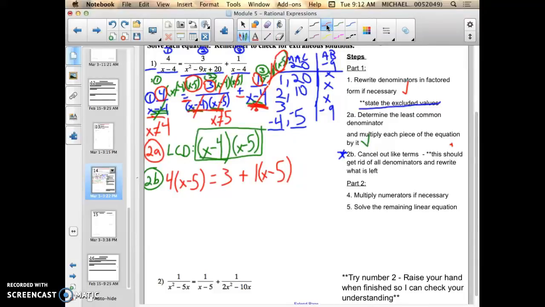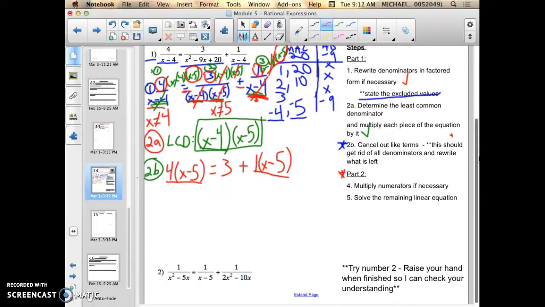And if you notice, part 2 of the steps is just multiply numerators if necessary, so I will have to do that here and here, and then solve the remaining linear equation. So I can do that really quick. This part, though, I'm not going to explain as well because it's going to look different every time, so you're just going to have to call upon your knowledge of solving linear equations.